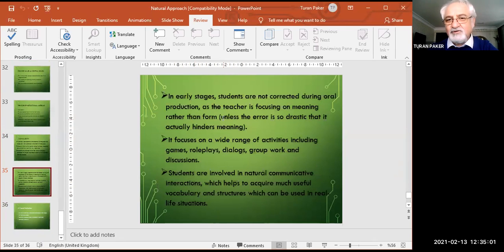In early stages, students are not corrected during oral production, as the teacher is focusing on meaning rather than form, unless the error is so drastic that it actually hinders meaning. It focuses on a wide range of activities, including games, role plays, dialogues, group work, and discussions. And students are involved in natural communicative interactions, which helps them acquire much useful vocabulary and structures which can be used in real life situations.